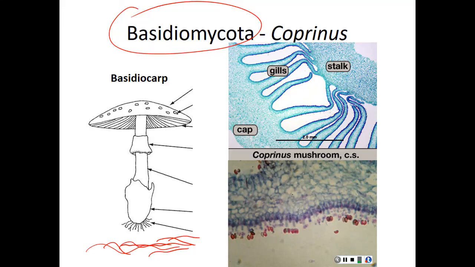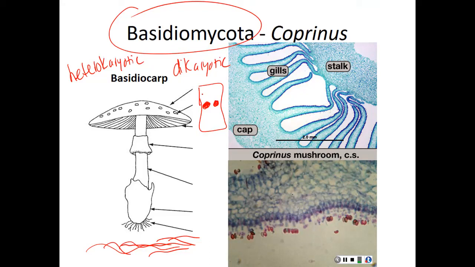So if we say something is heterokaryotic, it means that there are more than one genetically distinct nuclei within a cell. And if we specifically say it's dikaryotic, that means in each cell there are two nuclei and they are genetically distinct.